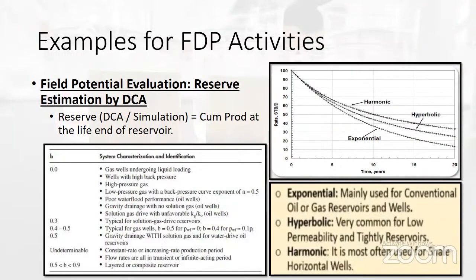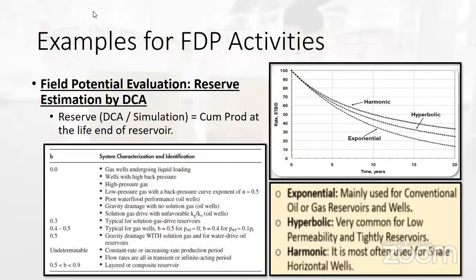Usually, in our daily practice for the decline curve analysis, we are using the exponential. The exponential is called constant percent decline. Okay, we can assume that our production is declining by 10% through 1 year.